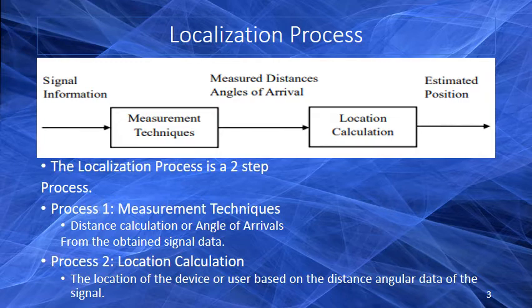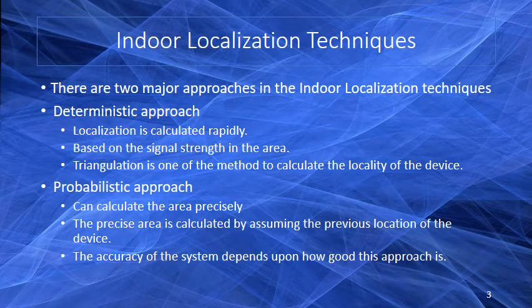In measurement techniques, the distance calculation is done from the obtained signal data, and then in the location calculation, which is process 2, the location of the device or the user is calculated based on the distance and angular data of the signal. And when these two processes are combined, you can find the estimated position of a person or a device.